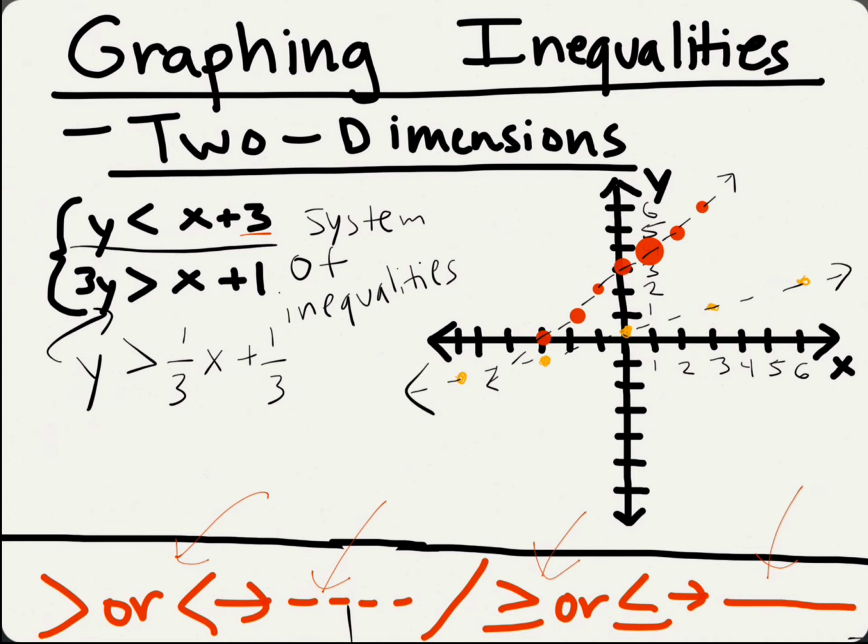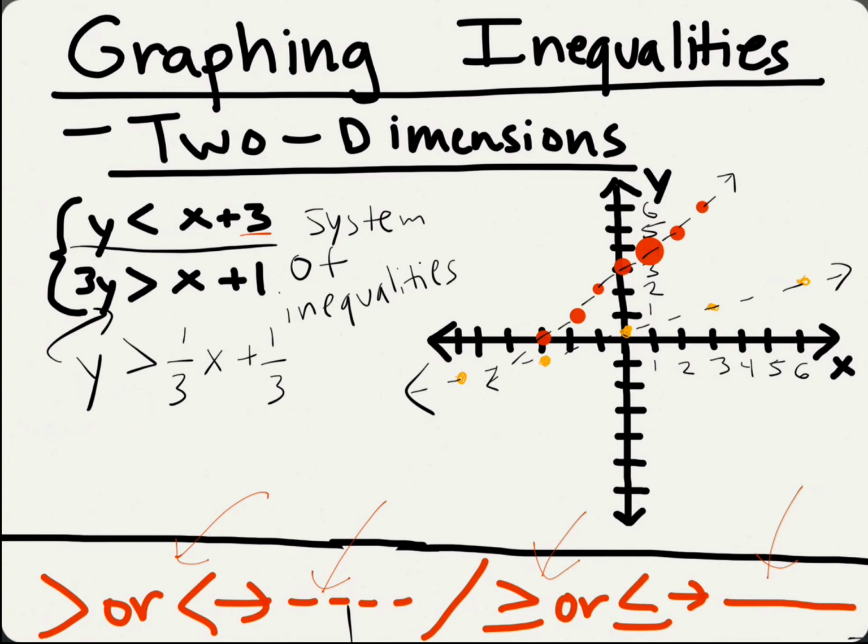Great. Now, here's the other part. Whenever you're graphing in two dimensions, you have to shade in. Wherever the shaded parts of the graph converge, those are the solutions to the system of inequalities.